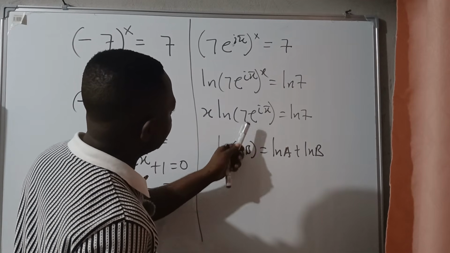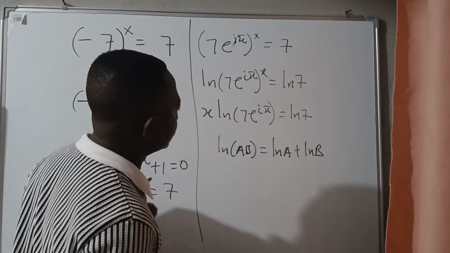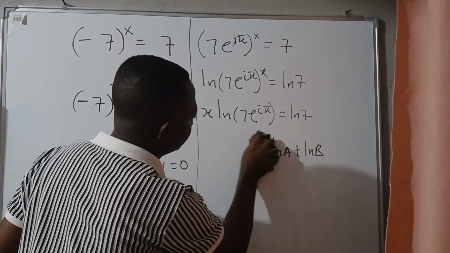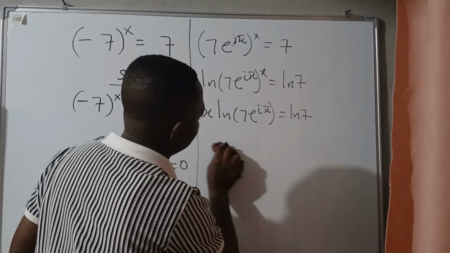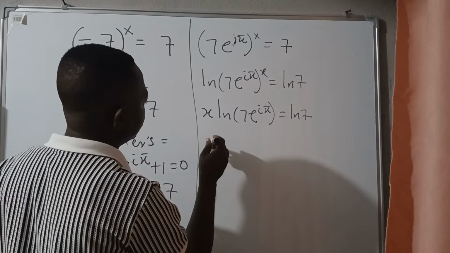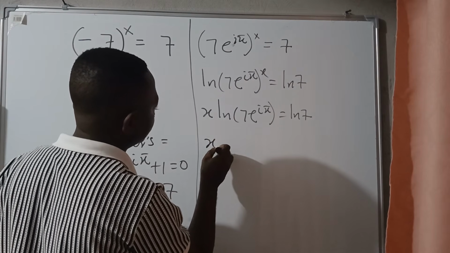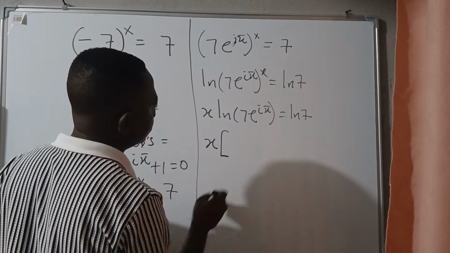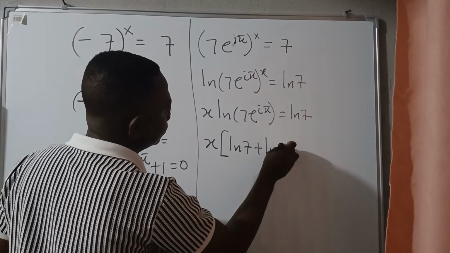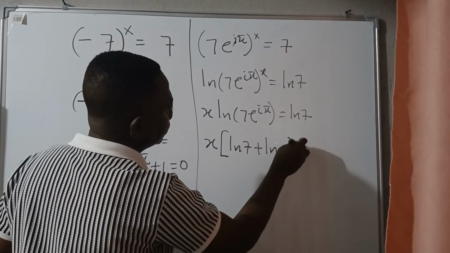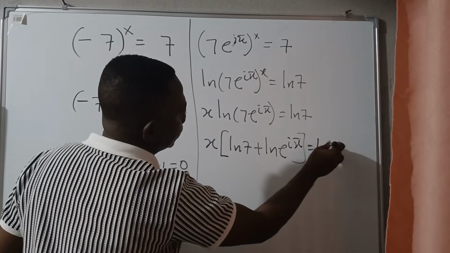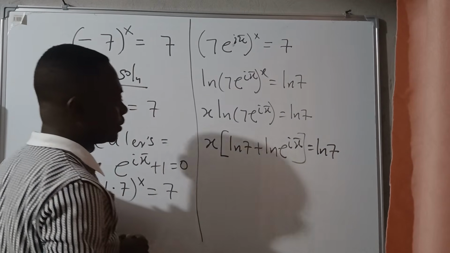Since AB here is 7e^(iπ), that's the iota, let me write this as x times (ln of 7 plus ln of e^(iπ)) equals ln of 7.